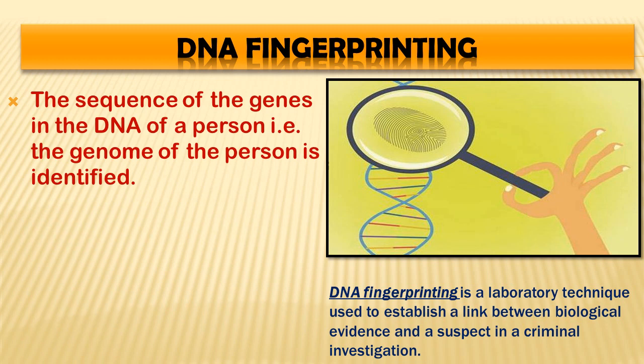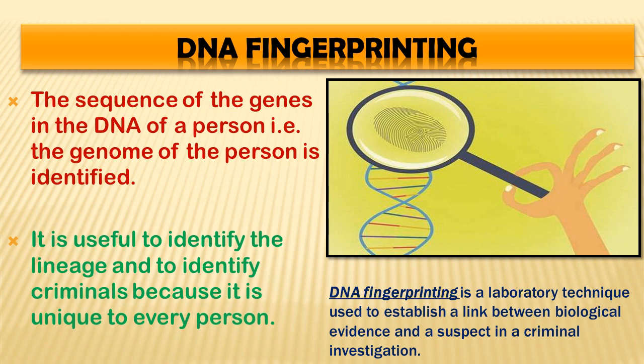The sequence of genes in the DNA of a person, that is the genome of the person, is identified. The genome is the complete set of DNA, the complete set of genes, of a particular organism or person. It is useful to identify lineage and to identify criminals, because it is unique to every person.